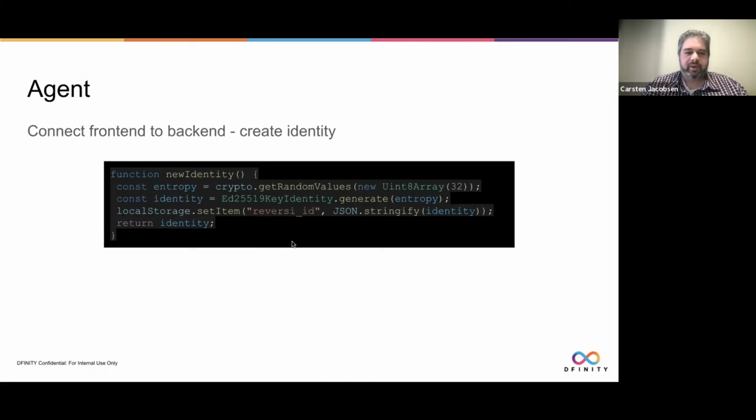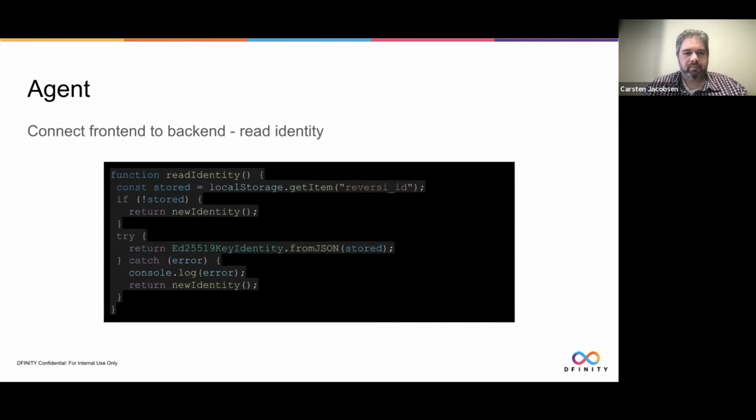This is just for the front end. We want to keep the user ID, so we can send that and associate it with our calls. And here we have another function that reads the identity, and if the identity does not exist already, then we just create it.